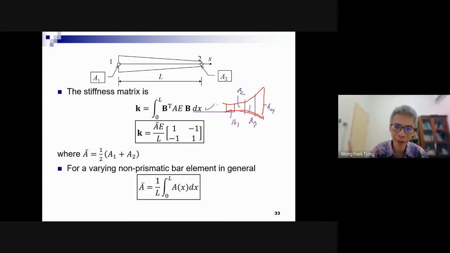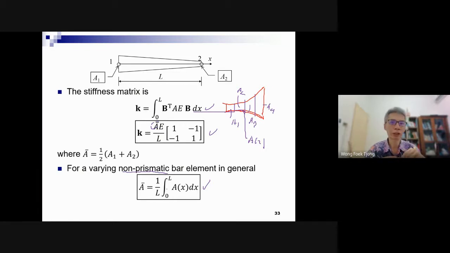For any distribution of area, where A(x) is a non-linear function along the bar, this is called a non-prismatic bar but not linear. In general, we can use the same formula, but with the average area. The average is by definition the integral of the area divided by L. And this is valid.